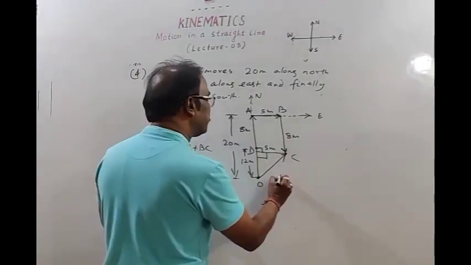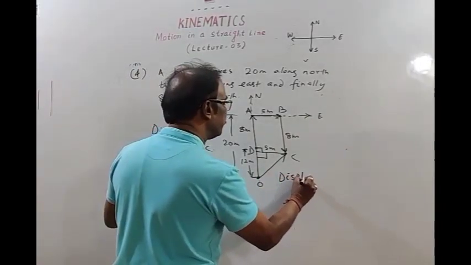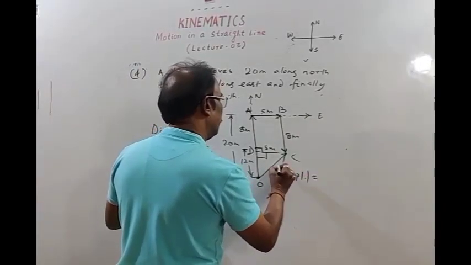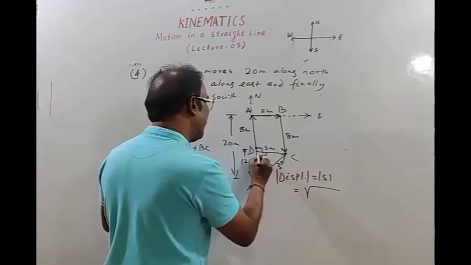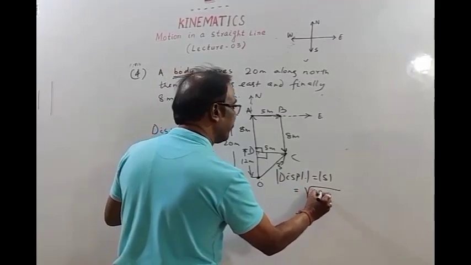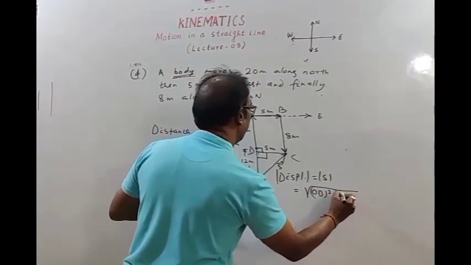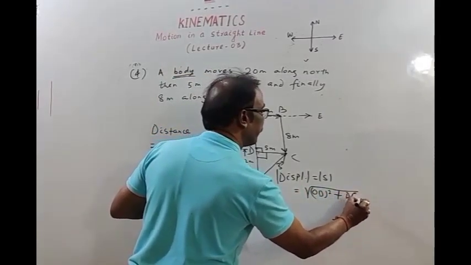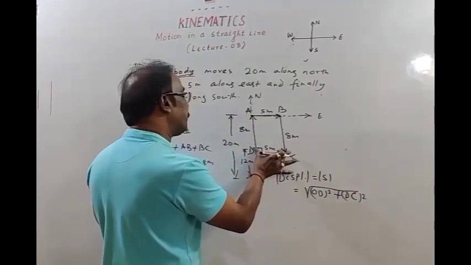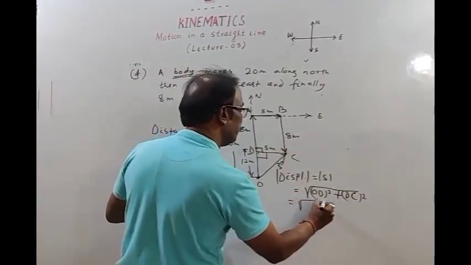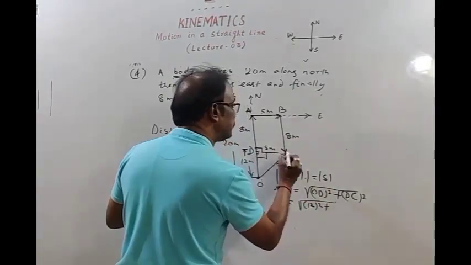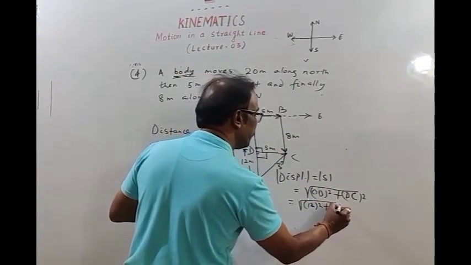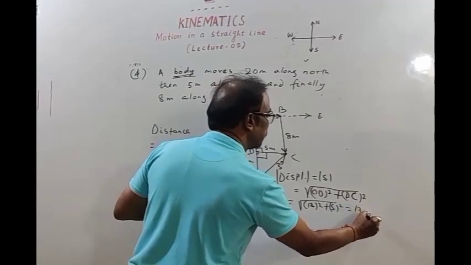Then displacement, magnitude of displacement. Then this is S, magnitude of S. That equals square root of OD square plus DC square. So this is equals to square root of 12 square plus 5 square, and it will come 13 meters.